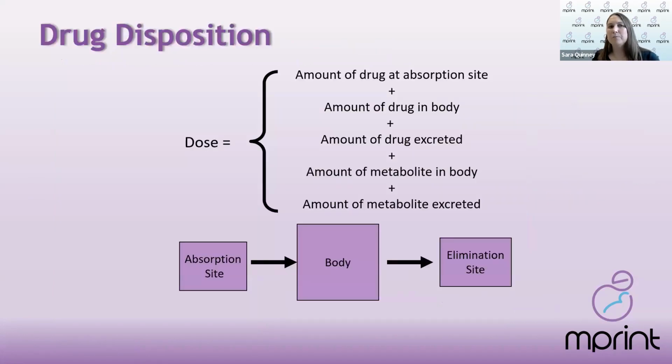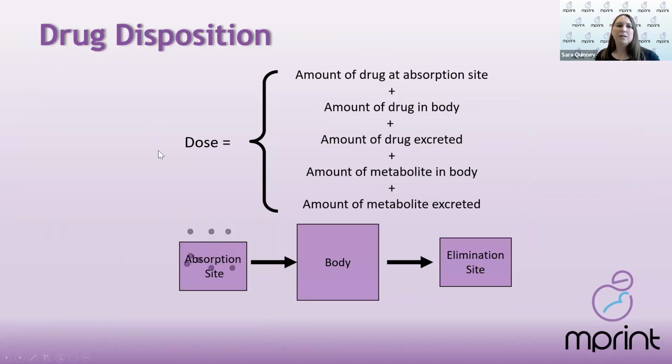Drug disposition can be quantified throughout the body. The dose of the drug is always the total amount of drug administered to the body, and we can identify where this is because it will fall into various compartments. The dose can be split into the amount of drug at the absorption site, plus the amount in the body, the amount of drug excreted, that metabolized, and the metabolite excreted.